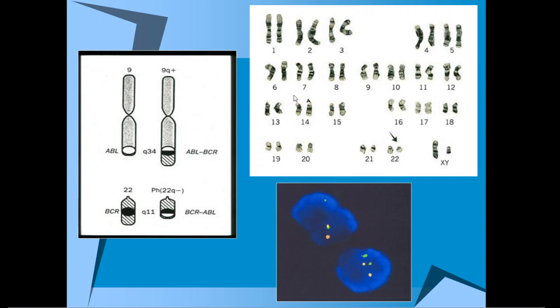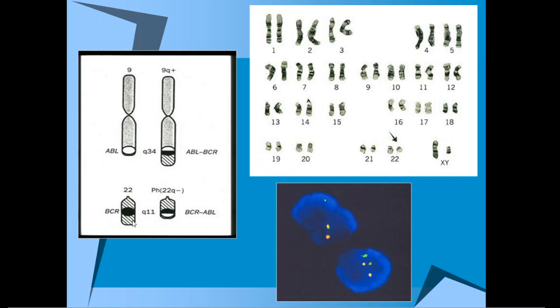This slide presents the so-called Philadelphia chromosome. This Philadelphia chromosome is the main chromosomal abnormality when we are talking about chronic myeloid leukemia. What's going on here? We have a translocation from the BCR gene on the 22nd chromosome.